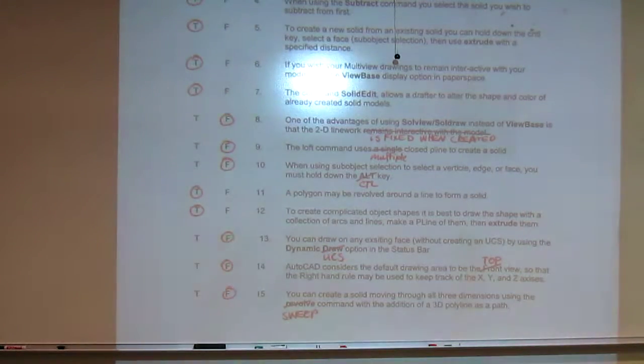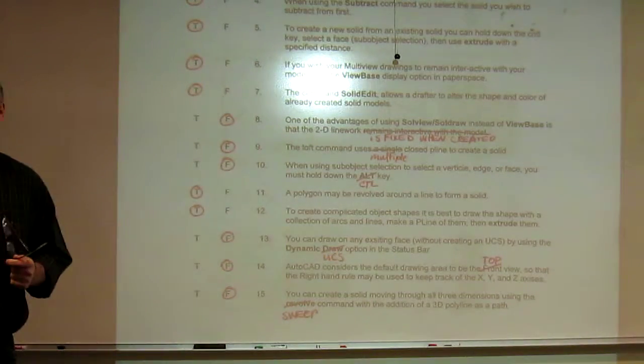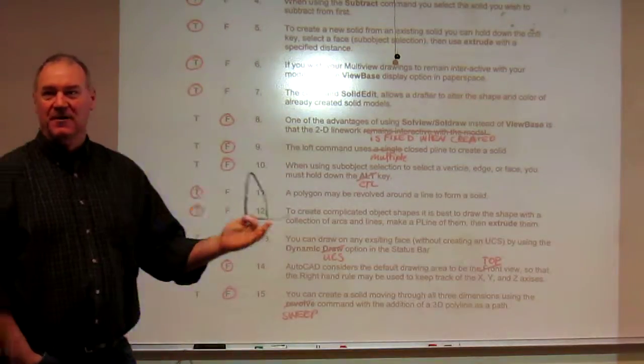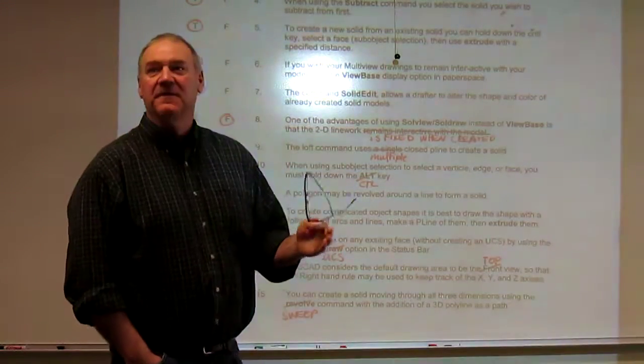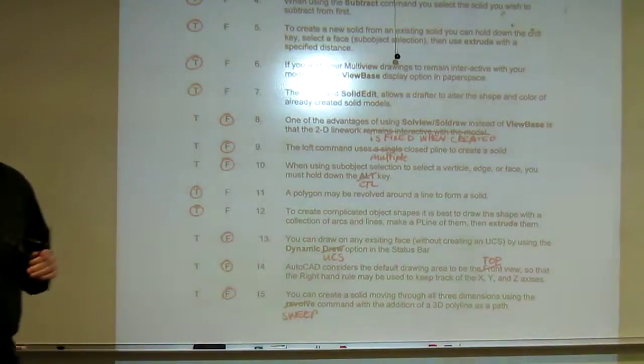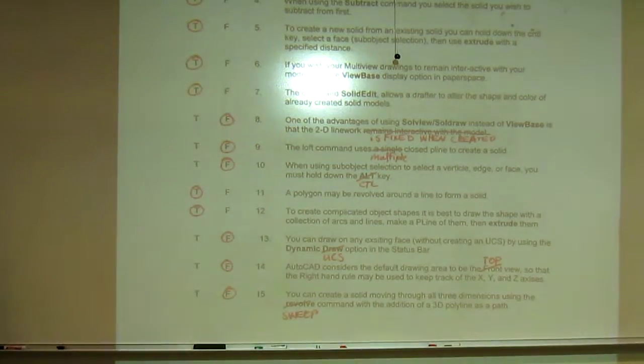This one seemed to get a lot of people. AutoCAD considers the default drawing area to be the front view. Okay, this is false. What's the first step we do when we open our templates? Switch it to the front, because every AutoCAD drawing you're going to open is going to open to the top view. Every one. It's really on the top view.